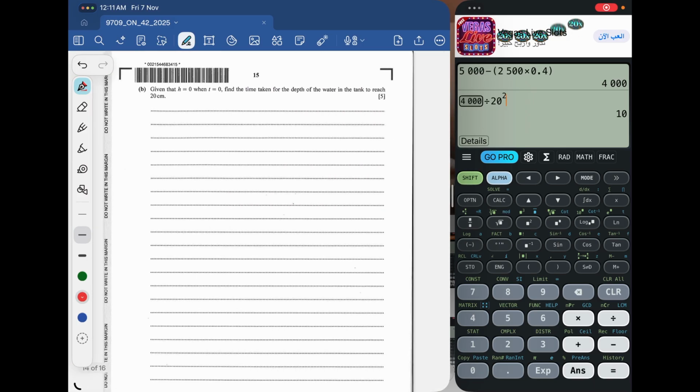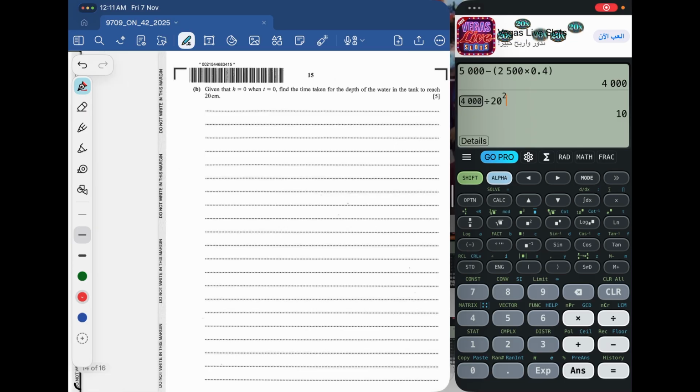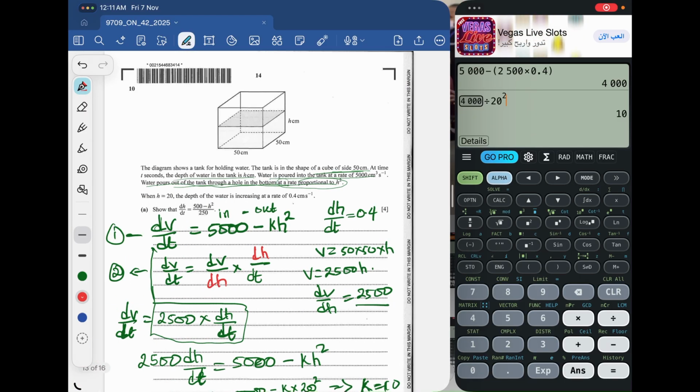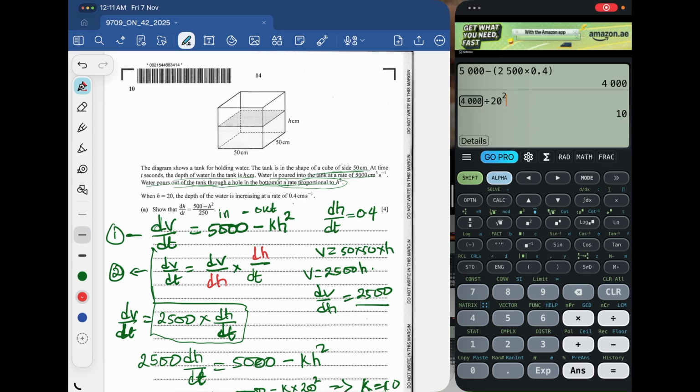Alright, now I'm told, given that h is this, obviously you should know this is integration. So how do we solve this integration? We try to arrange it properly. If you don't know what to do in A, you can do B and just integrate.